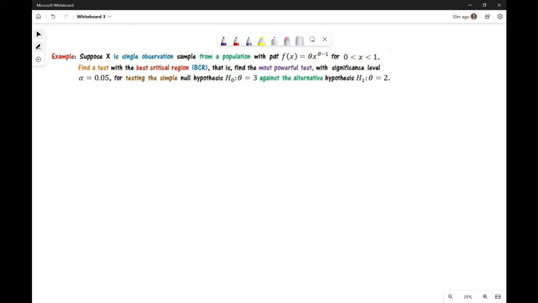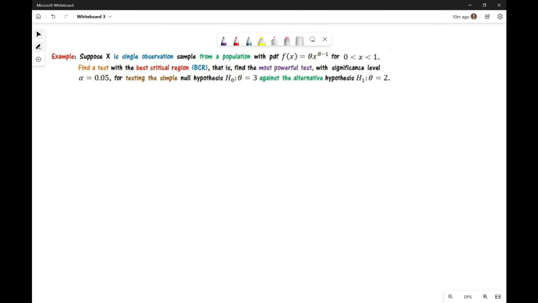Hi, this is Kelly Pemberton, and I'm going to be doing an example using the Neyman-Pearson lemma. The example states, suppose X is a single observation sample from a population with PDF f of x equals theta x to the theta minus 1 for 0 less than x less than 1.